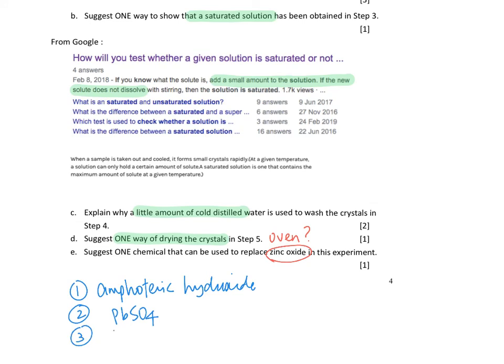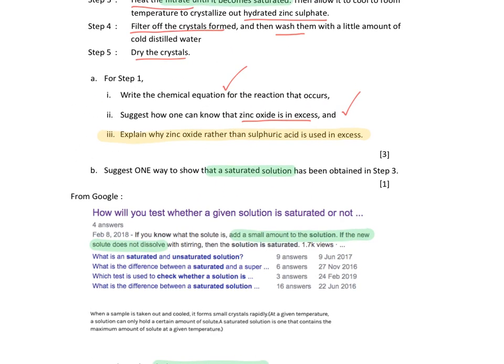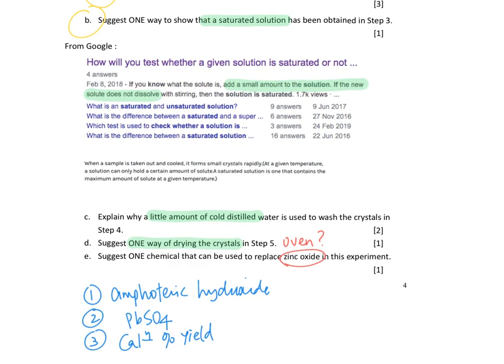And also check how to calculate the percentage yield. And of course, you need to think about questions A3, B, C, D, and E.